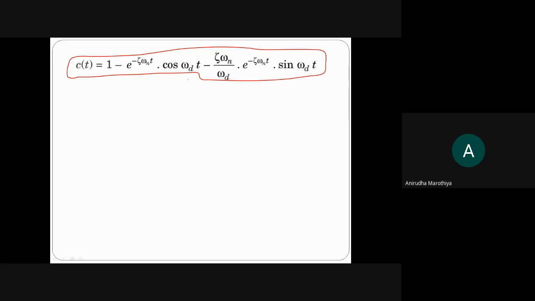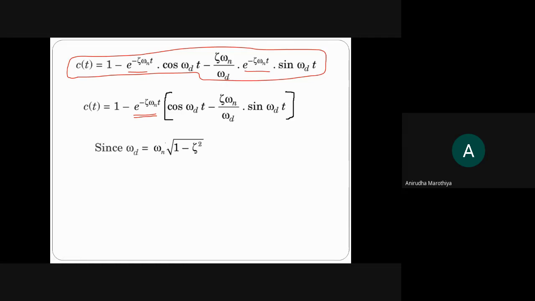Now, in this expression, if you take e to the power minus zeta omega n t common, you will get this expression as an output.